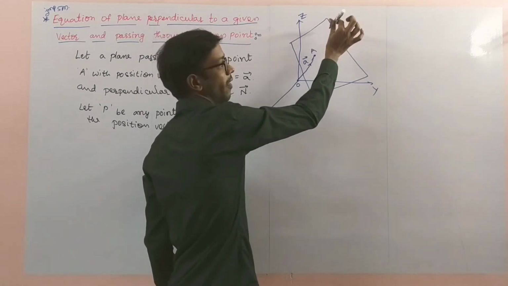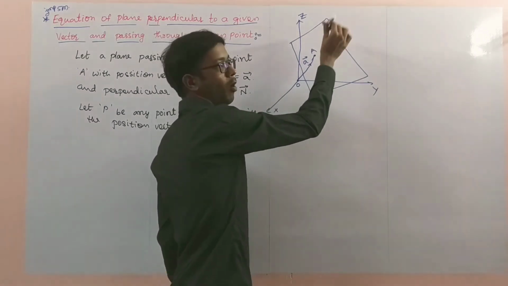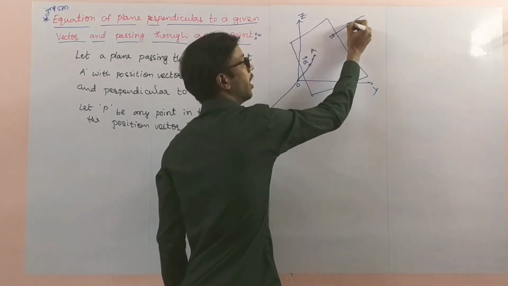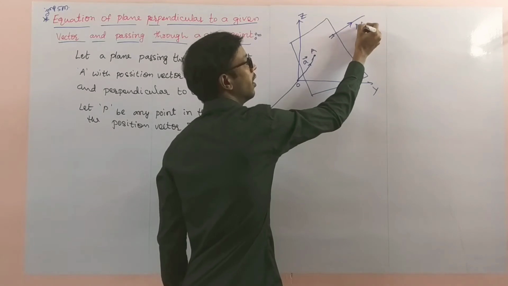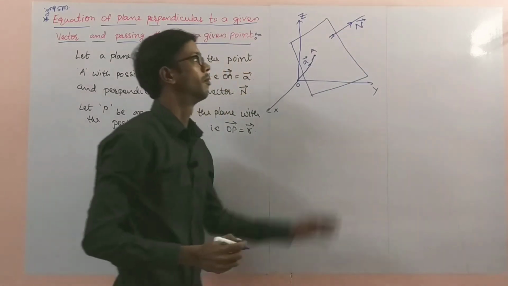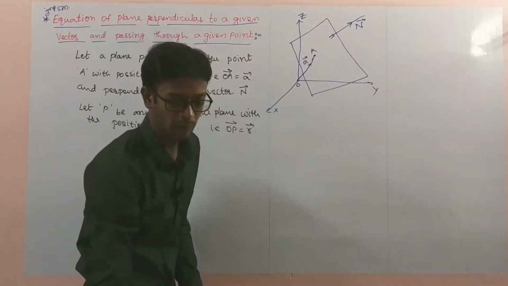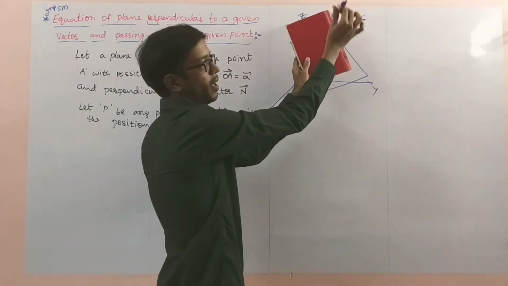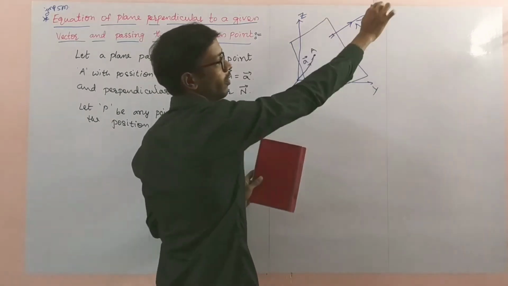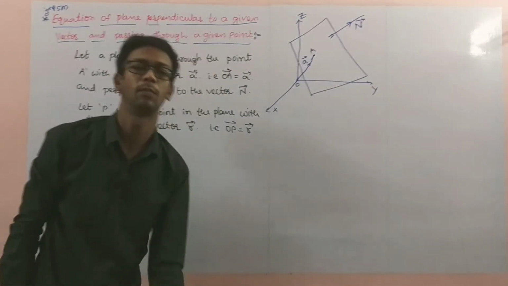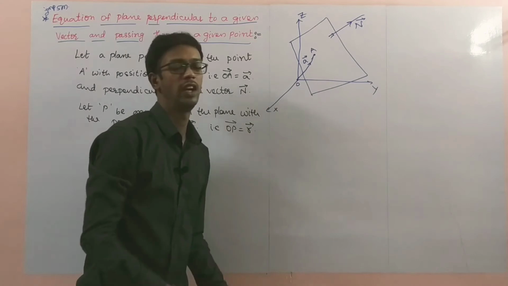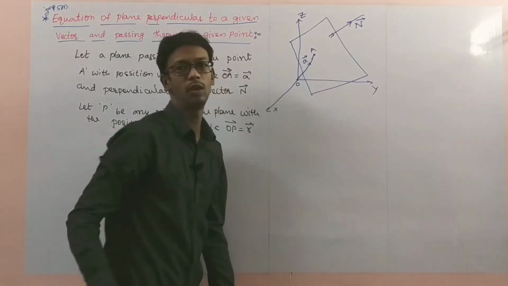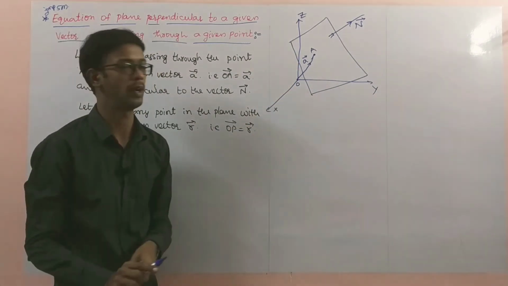We can't draw the diagram outside, so imagine this is a perpendicular vector, n bar vector, perpendicular to the plane. We are drawing this in two-dimensional space, so 3D we can't draw outside. Actually this is outside, perpendicular to the plane, so imagine that as a perpendicular.